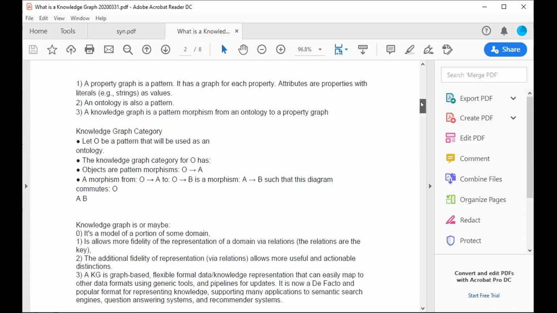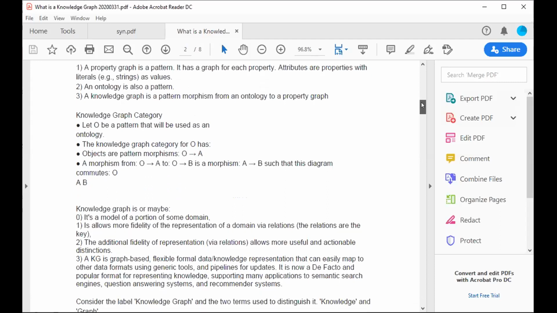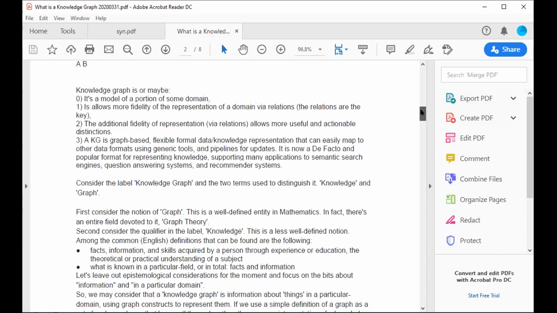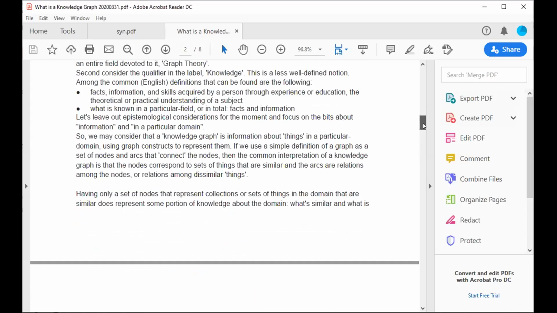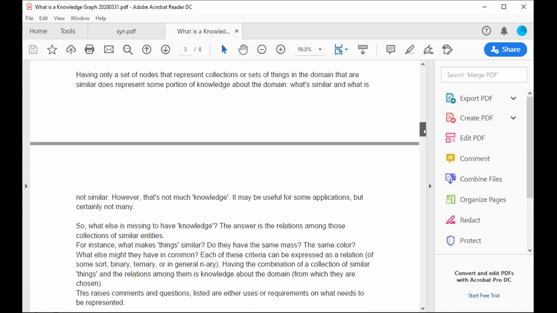Then the industries have their own views of what knowledge graph means for them. Some limit it to enterprise, and some like Google go to the globe. Can you still hear me? Yes.